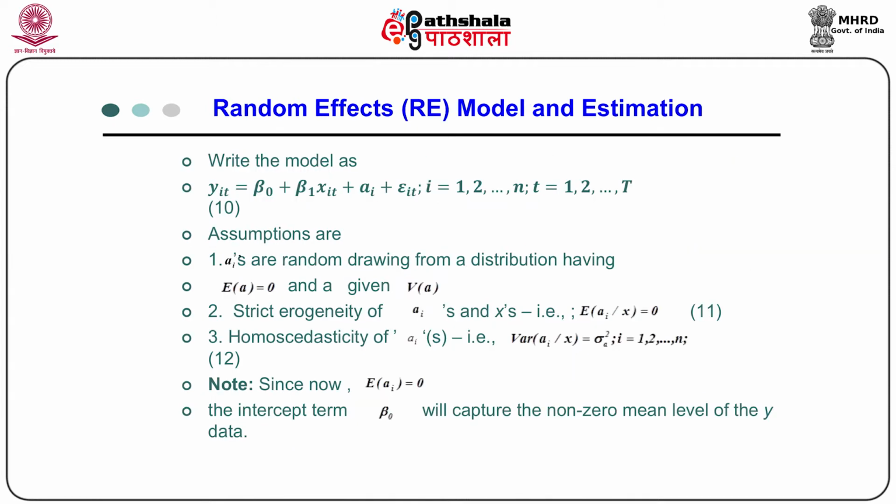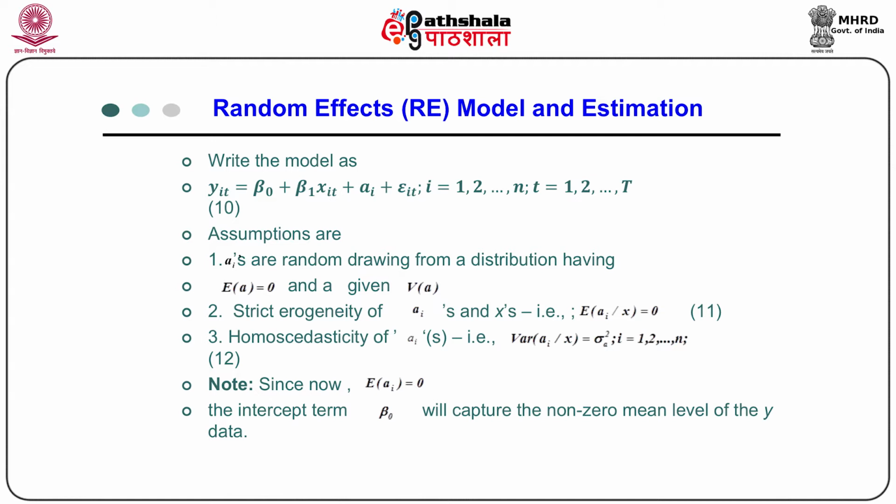Now, come to the random effect model and its estimation procedure. Write the model as y_it equal to beta naught plus beta 1 x_1it plus a_i plus epsilon_it, i equal to 1 up to n and t running from 1 to capital T. Now, the assumptions are: the a_i's are random draws from a distribution having expectation of a_i equal to 0 and a given variance.